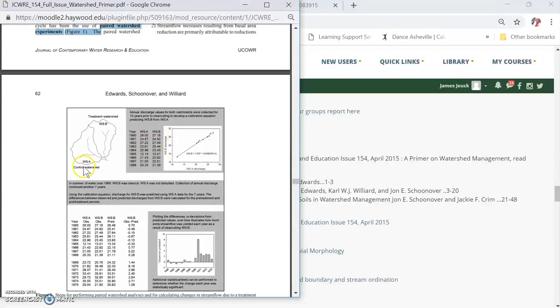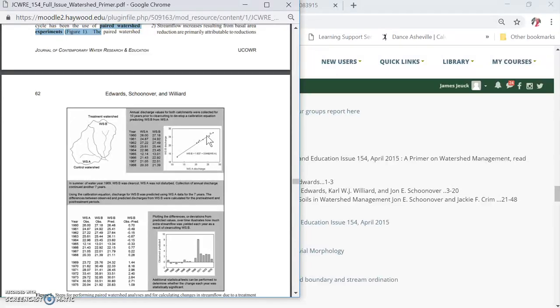And then they go and they harvest one. In this case, I think it says they harvested watershed B. So they harvest watershed B, and then they compare it again. Watershed A during a rainstorm, or during the following year, has this much water coming out of it. Watershed B may actually be way up here now.